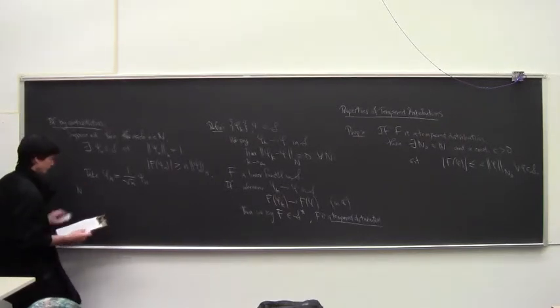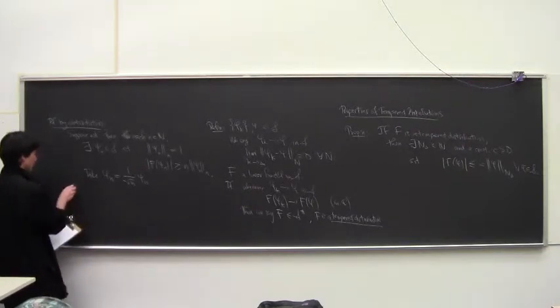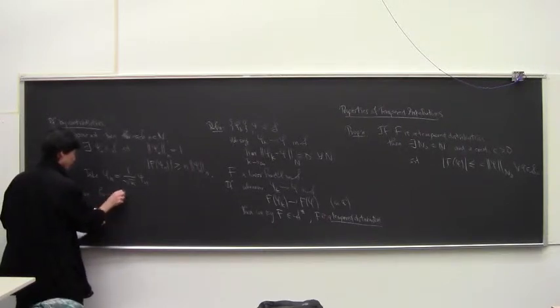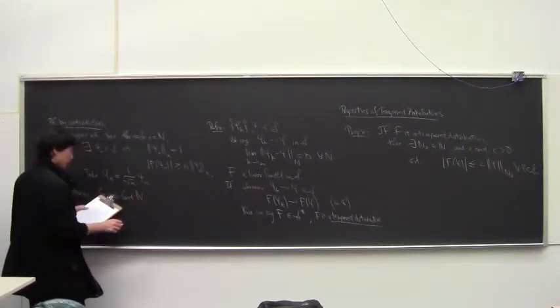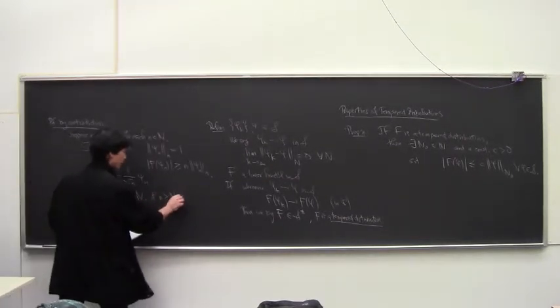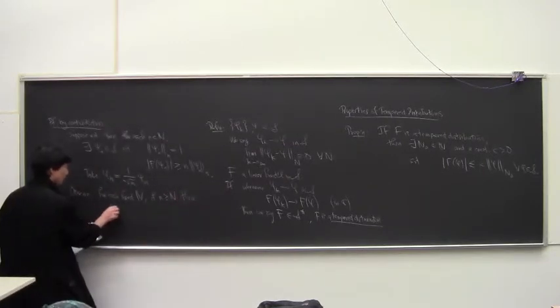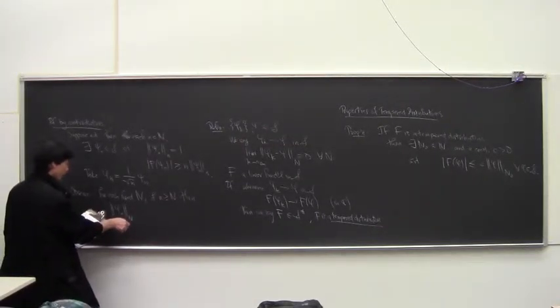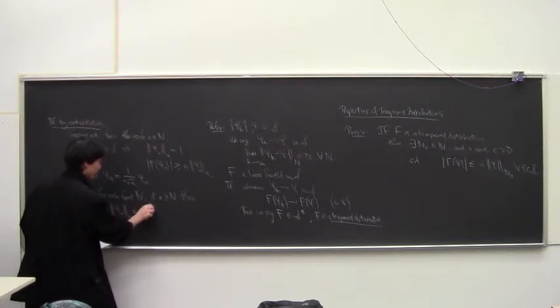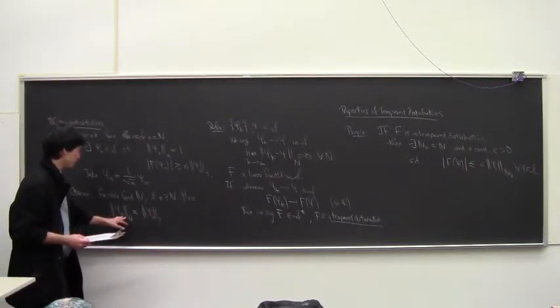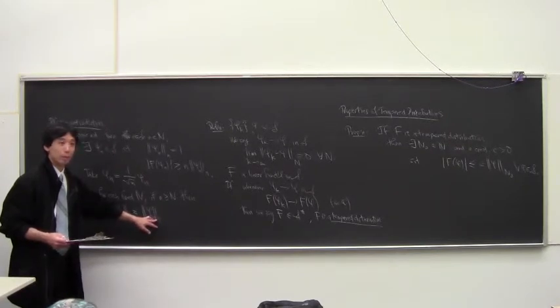So observe, for each fixed n, if little n is bigger than that, then the big N norm of phi sub n is going to be controlled by the little n norm of phi sub n, because you're taking the supremum over more terms.